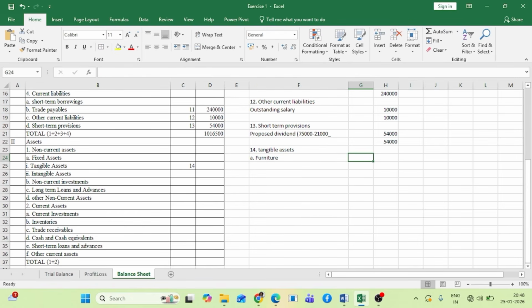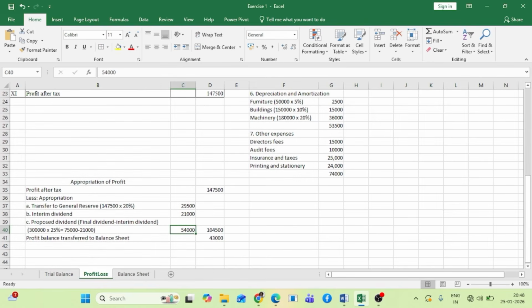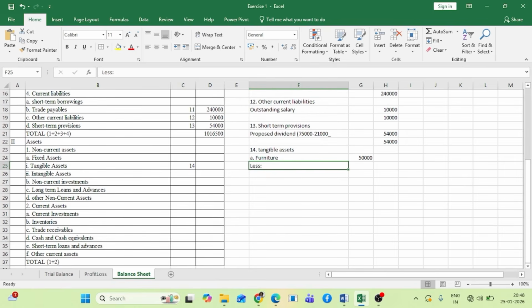The amount of furniture is 50,000, and depreciation. Please be very careful that the amount of depreciation should match the amount of depreciation that you have shown here. So for furniture it is 2,500, for building 15,000, and machinery 36,000.